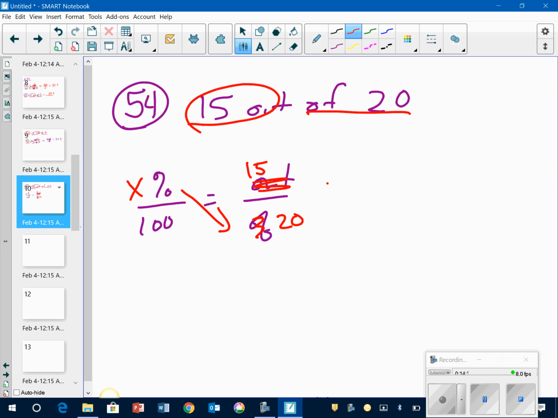So x times 20 always goes on the bottom because we multiplied it by x. 15 times 100 would be 1500. If you want to simplify that by taking out a 0 on each one, you could do that. But 150 divided by 2 or 1500 divided by 20, either way, equals 75. So 15 out of 20 would be 75%.